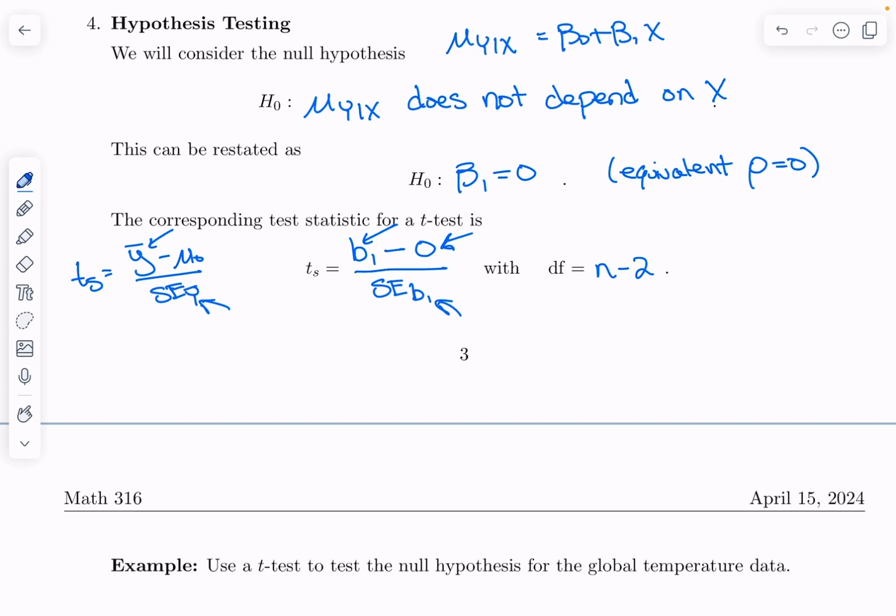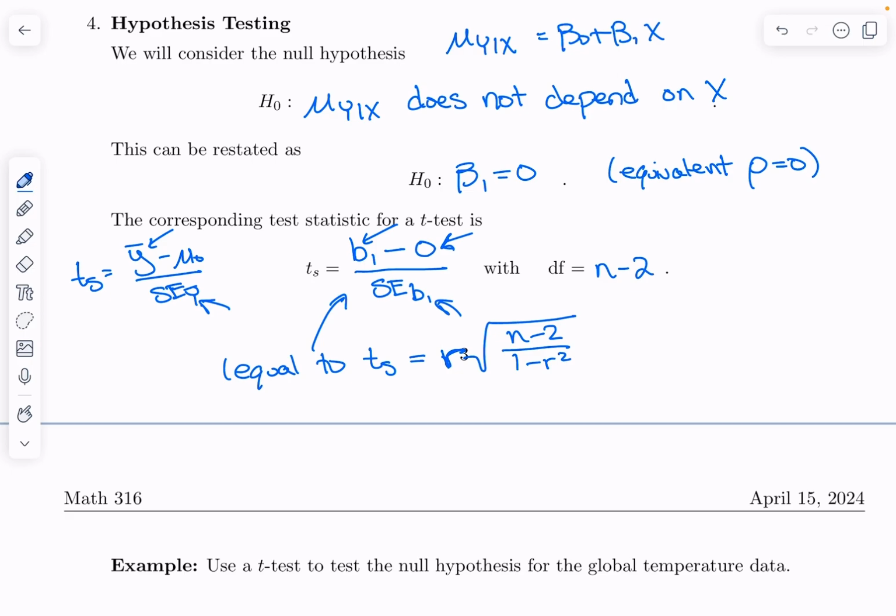Now, what I want to point out to you is that this t-statistic is in fact equal to the t-statistic where you got r, the correlation coefficient, times the square root of n minus 2 over 1 minus r squared.